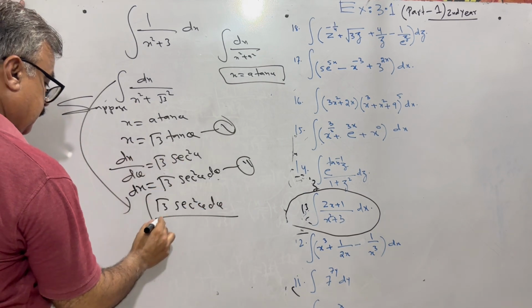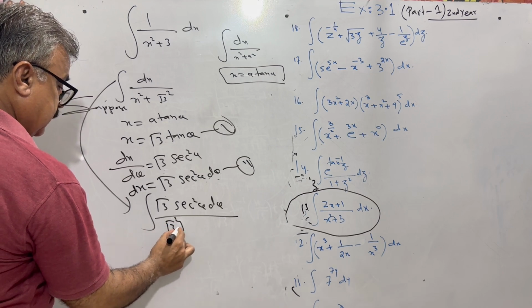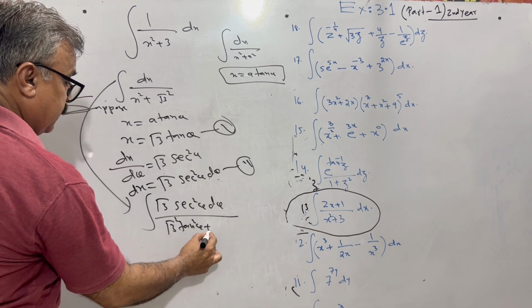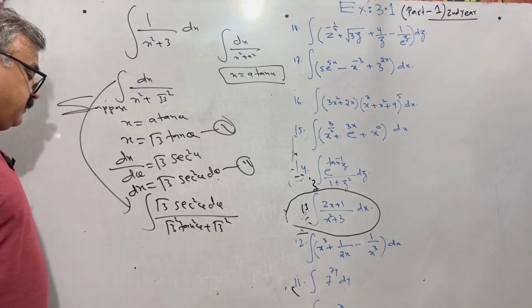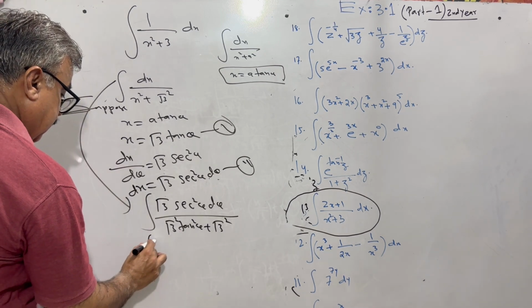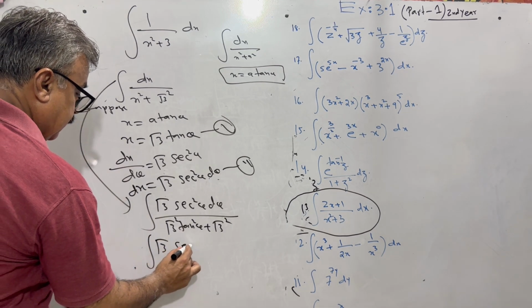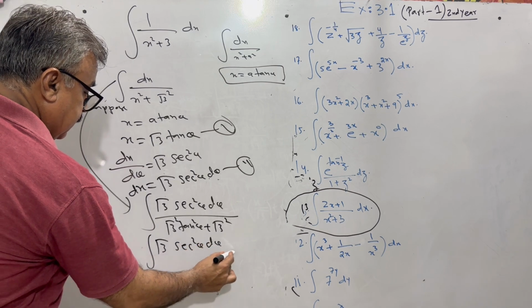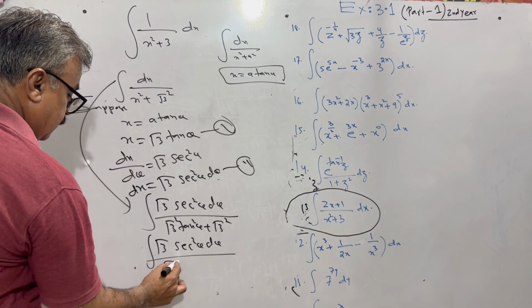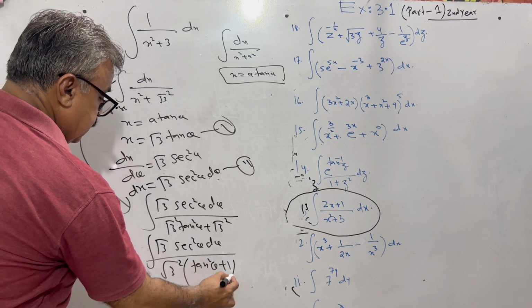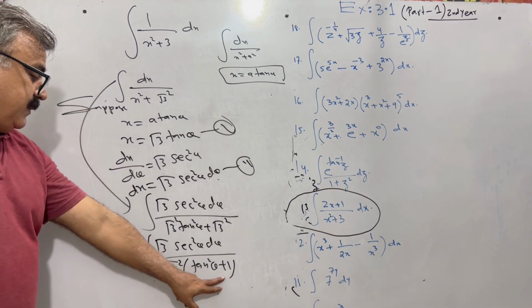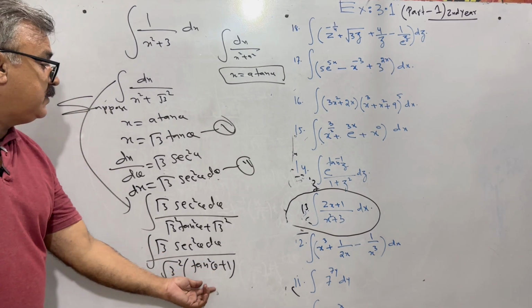The denominator is x square plus root 3 square, which is root 3 square tan square theta plus root 3 square. Taking root 3 square common from the denominator, we have root 3 sec square theta d theta over root 3 square times tan square theta plus 1. From trigonometry, 1 plus tan square is equal to sec square.